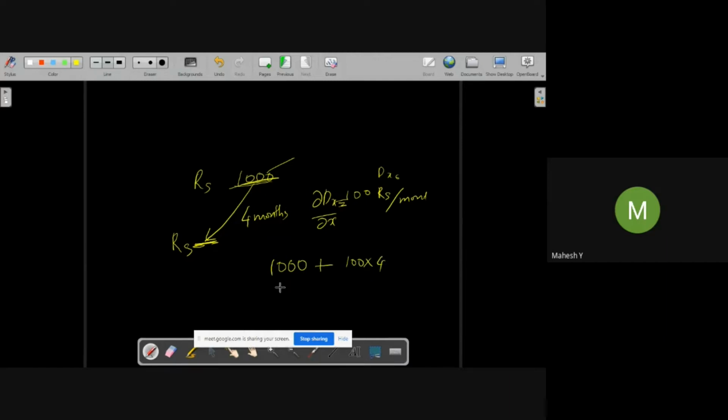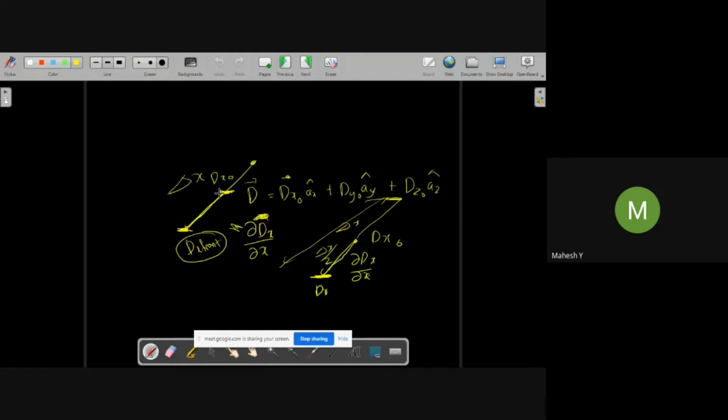So in the same way, what is this? dx0 plus, what is 100? That is dou dx by dou x, right? And into what is 4? 4 is the total duration. So here, total length is delta x.